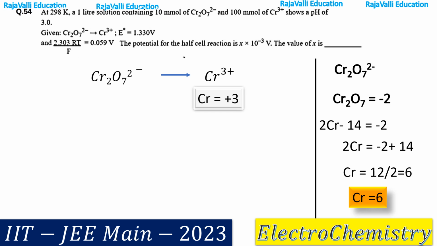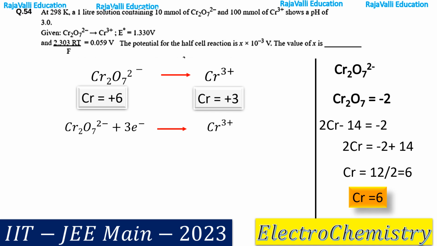It is reduced from plus 6 state to plus 3. So it is a reduction reaction. So we can write the reduction reaction of dichromate to chromium 3 plus. Next we have to balance the chromium atoms.